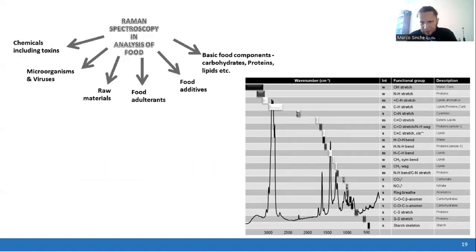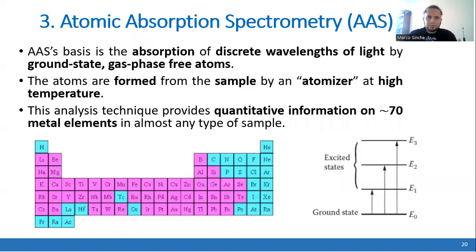On the right side, we could see how a spectrum will look, in which, depending on the wave number, these peaks could be related to different functional groups, and these could also be related to different types of substances.